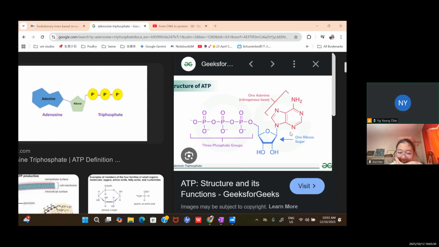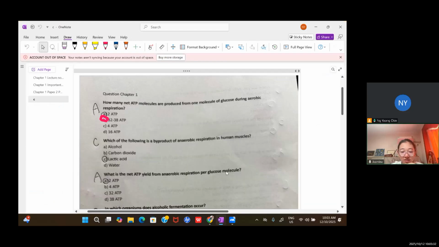Okay, well done. You just have this one, the aerobic respiration. Aerobic respiration will produce a large amount of energy compared to anaerobic respiration, right? That's why aerobic respiration produces about 32 to 38 ATP, compared to anaerobic, where you have about 2 ATP only.